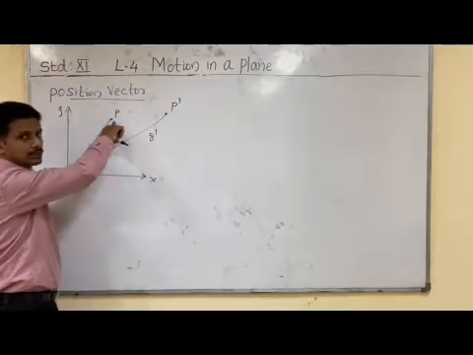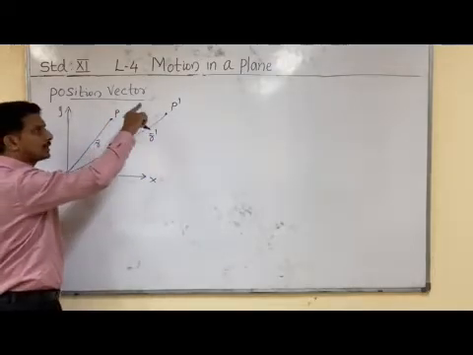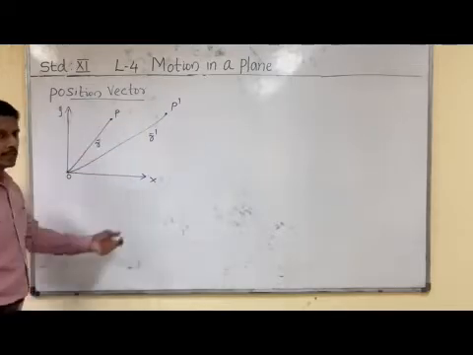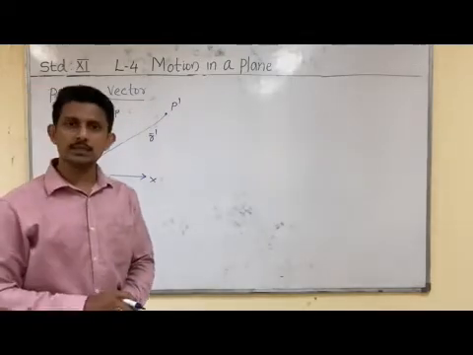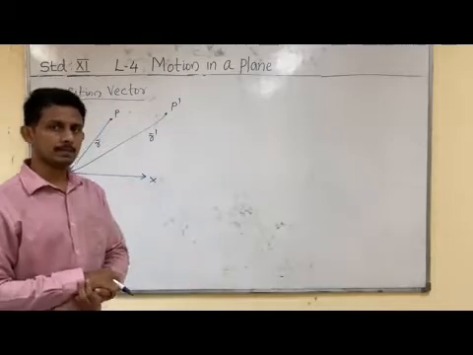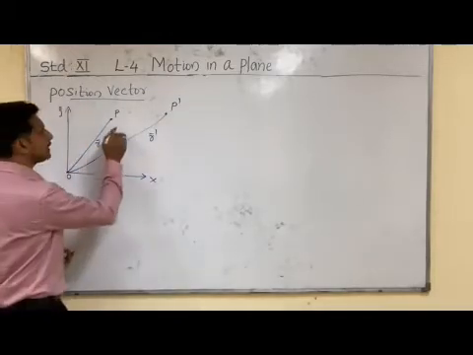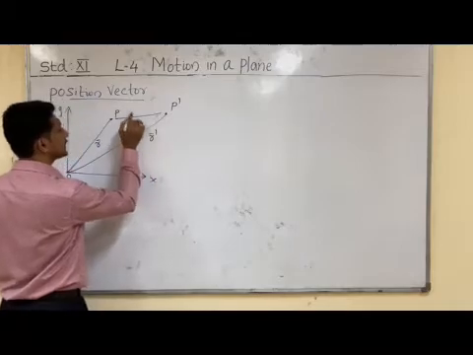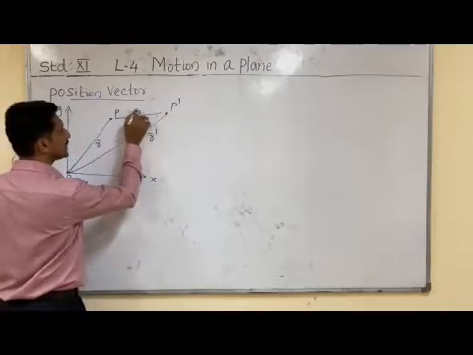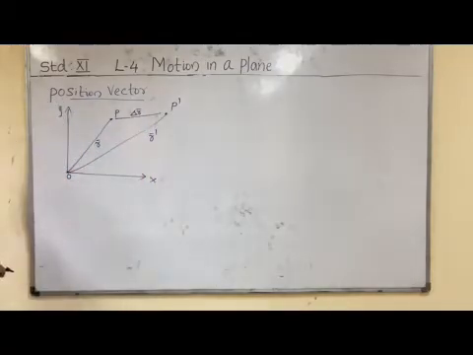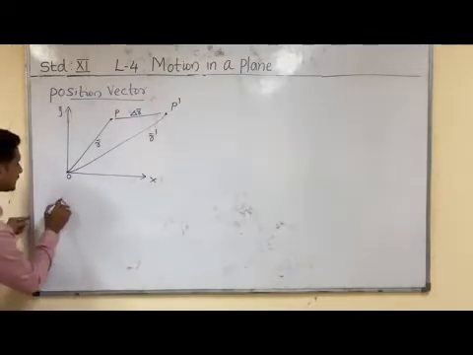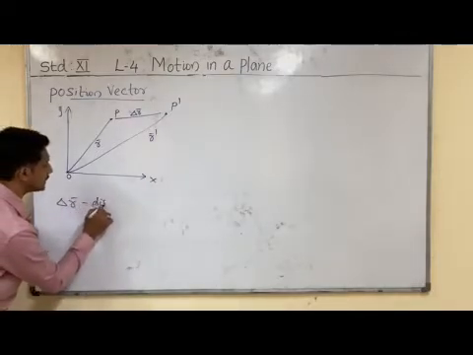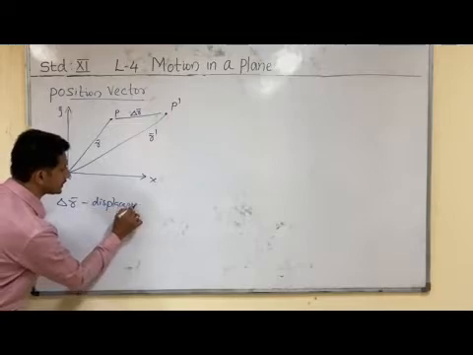Let P be our initial position of the particle. After a time interval of t seconds, let P dash be the new position of the particle. So you can see that this is our displacement vector, which is represented as delta R. So delta R is our displacement vector.